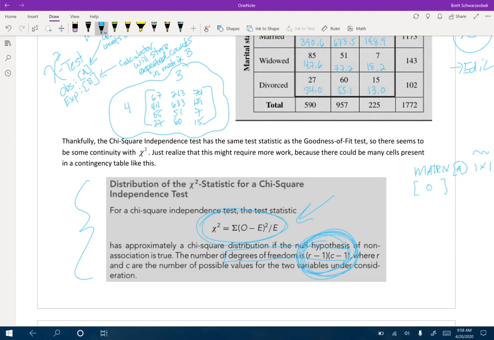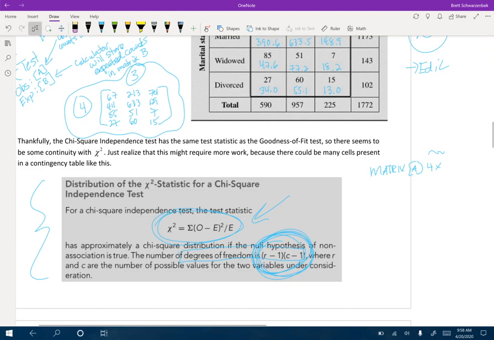You're going to move your cursor so that it's highlighted on the first number and change it to a 4, because what kind of matrix do we have? We have a 4 by 3, and you're going to change this number to a 3. When you change those numbers to a 4 and a 3 and press enter, all of a sudden your matrix is going to turn into a 4 by 3 matrix.